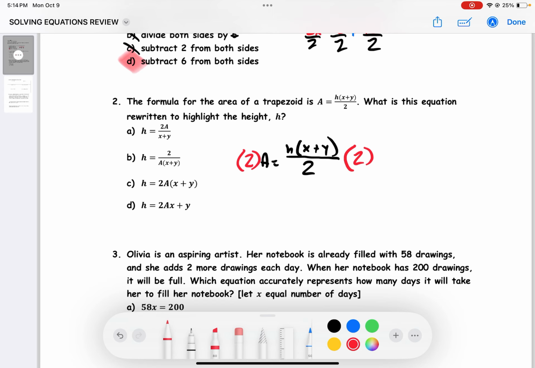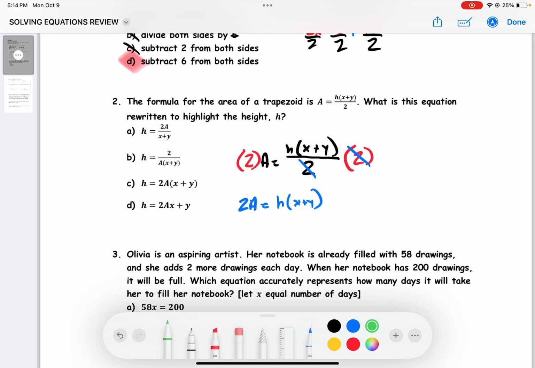Please do not forget that what you do to one side, you must do to the other side, right? So on the left-hand side, I will have 2 times a. And on the right-hand side, this term here is going to get multiplied by 2, and then it's going to divide by 2. So the 2's will cancel out, and I'm just going to be left with my numerator.